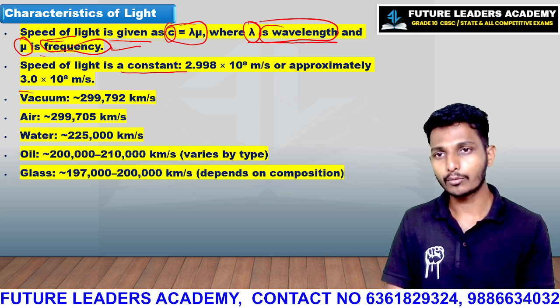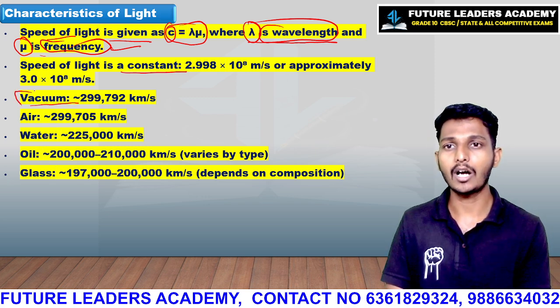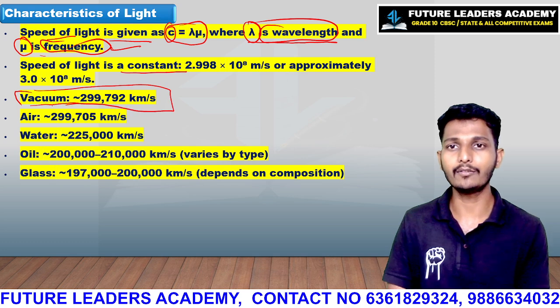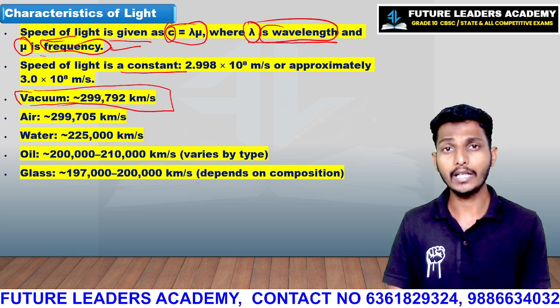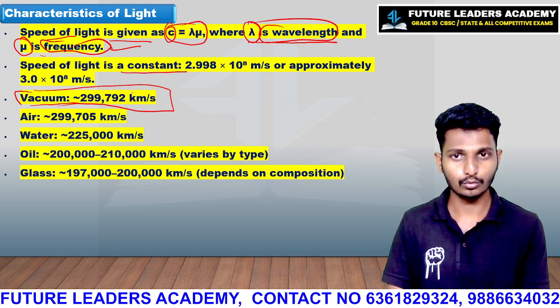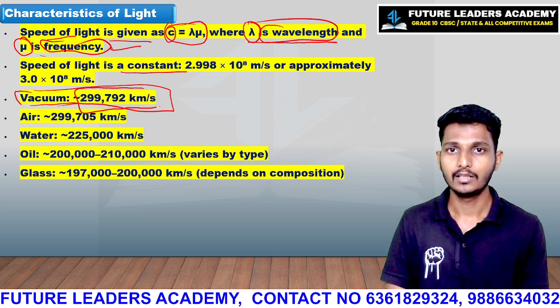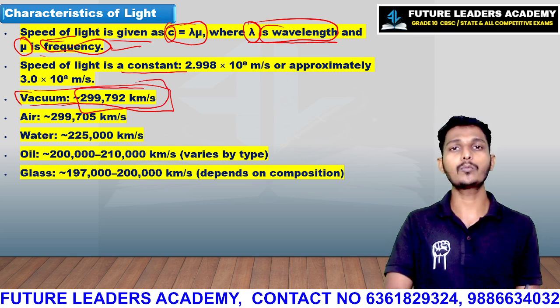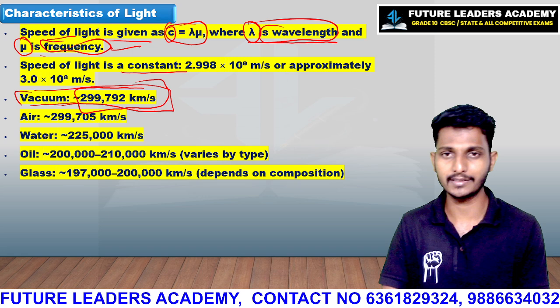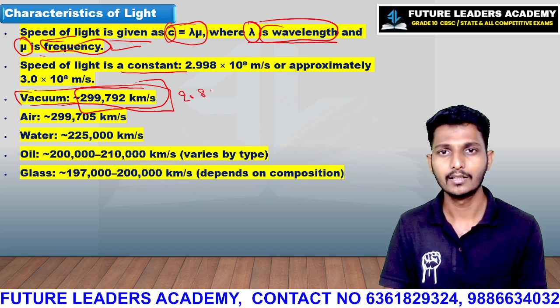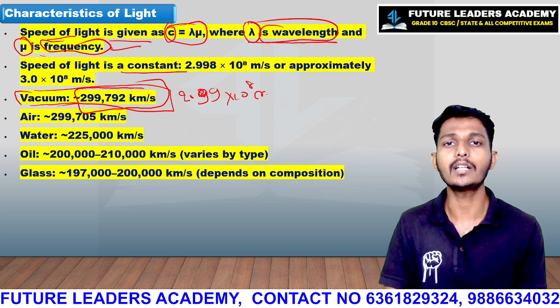Now, in vacuum, how much is the speed of light? That is 299,792 kilometer per second. What I said, 2.99 into 10 to the power 8 meter per second, is in meters per second, and this is in kilometers per second.